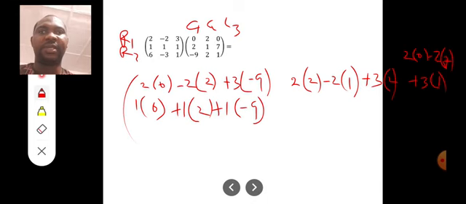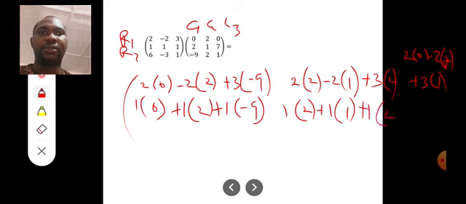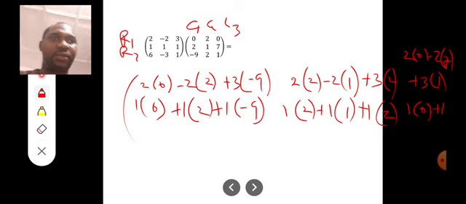Then that same second row, 1, 1, 1, and the second column of the next matrix: 1 into 2, plus 1 into 1, plus 1 into 2. Then that same second row with the third column: 1 into 0, plus 1 into 7, then plus 1 into 1.